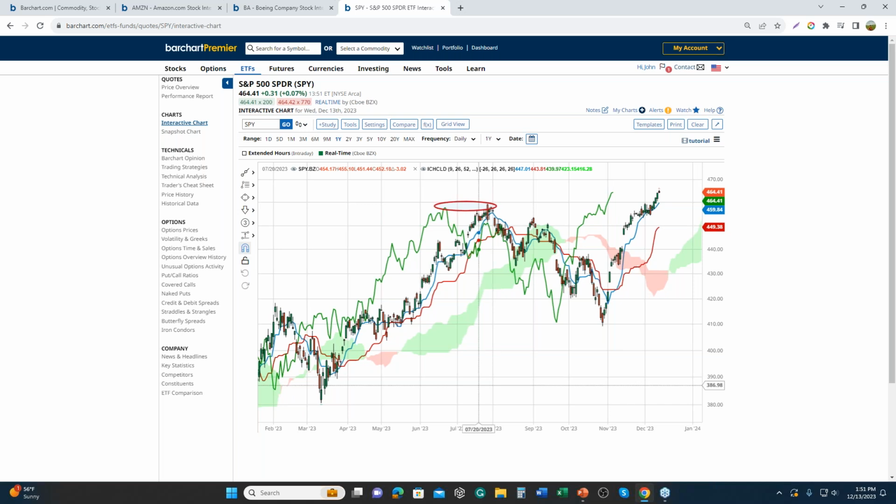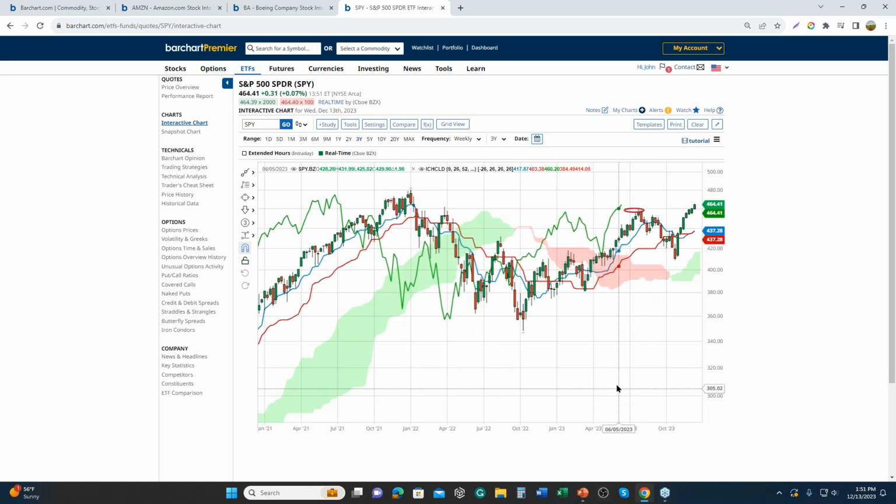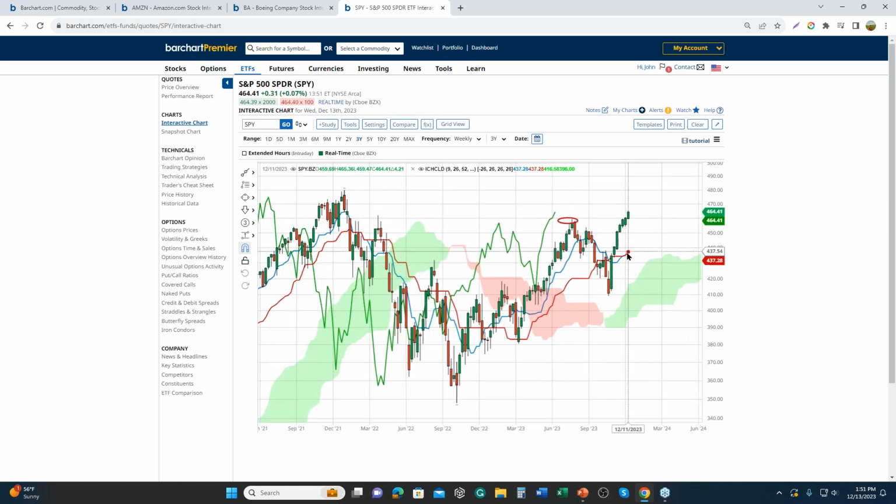From my research and studies, a lot of information says it works very well in weekly and higher time frames for our investment traders. There we get the crossover of the baseline and conversion line, and that's when I want to go into the second strategy.